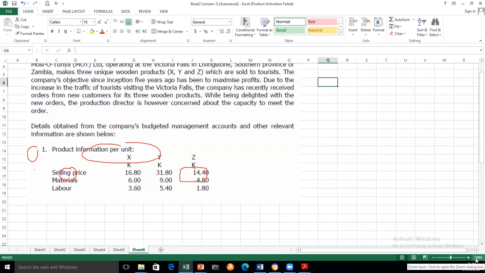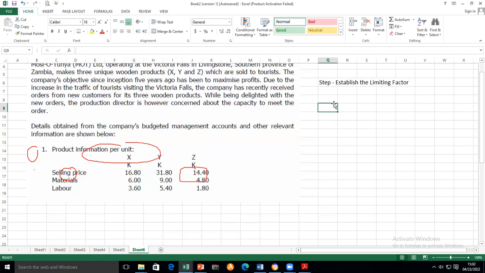So step number 1. Let's establish the limiting factor.